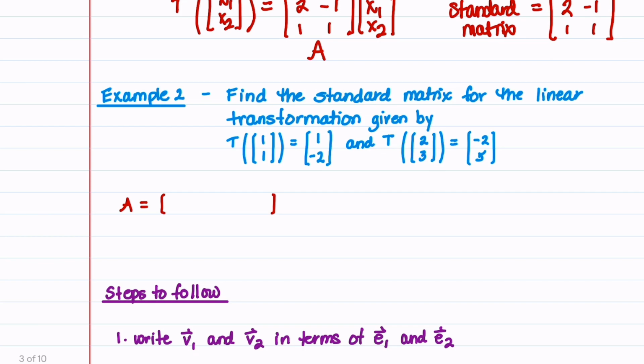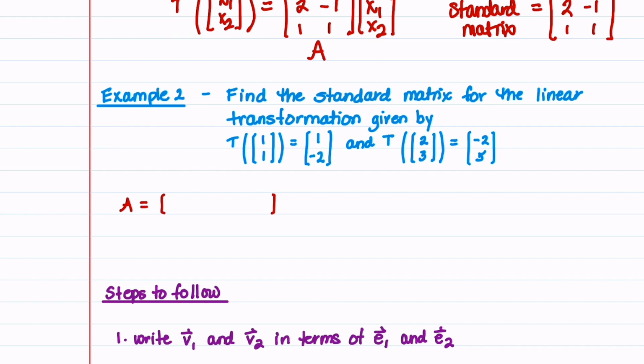Let's now look at our second example. In our second example, we're asked to, again, find the standard matrix for a linear transformation, but now we're given very different information. In this problem, we're given two vectors, 1, 1 and 2, 3, and we're given their transformations. So we're going to have to back out what A is based on how these two vectors are transformed.